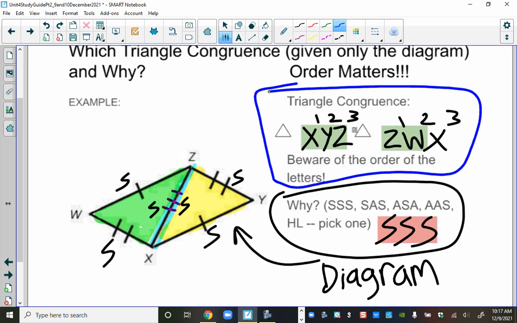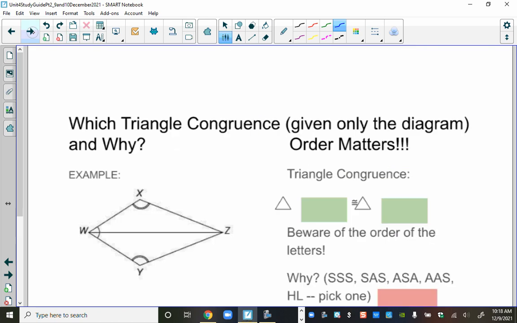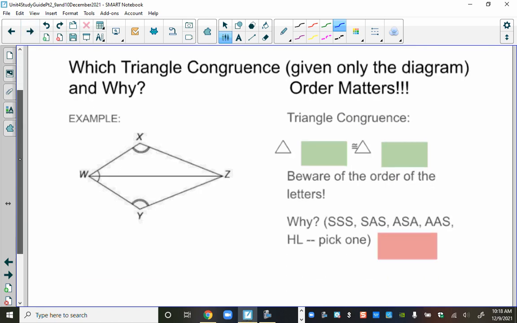Again, look at the order. Watch that order. All right. Questions? I think the next one's going to be different, though. This one's different, right?